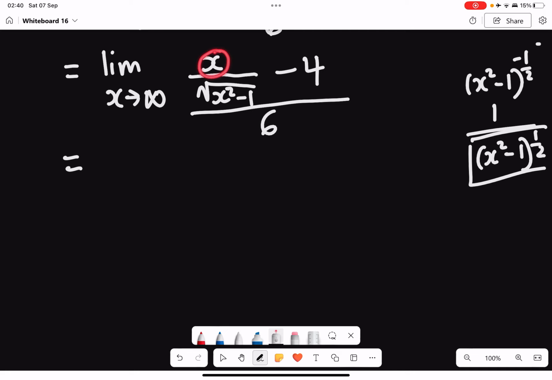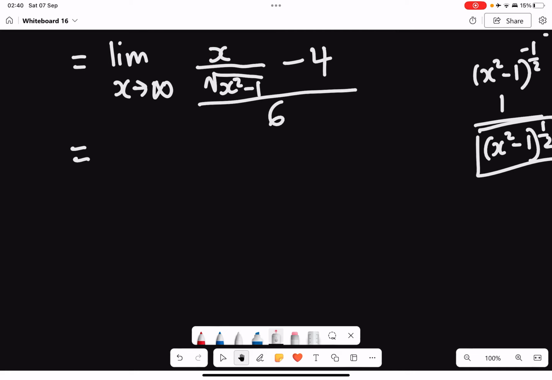If you consider the square root of x squared, x over the square root of x squared, if I just ignore the minus 1 for now, is x over x, which equals 1.